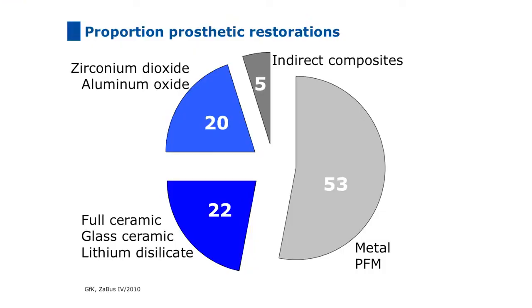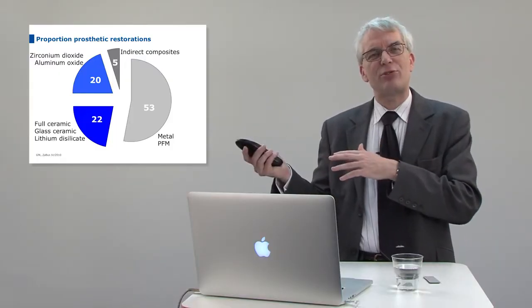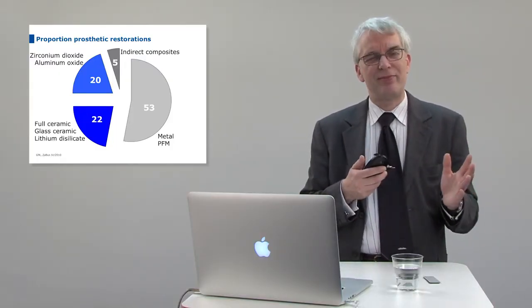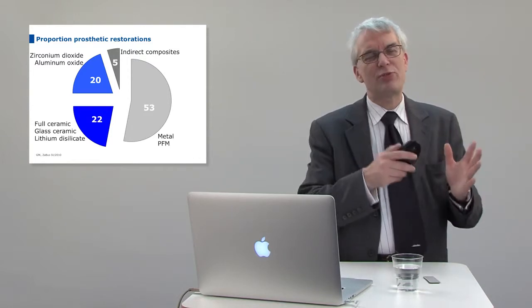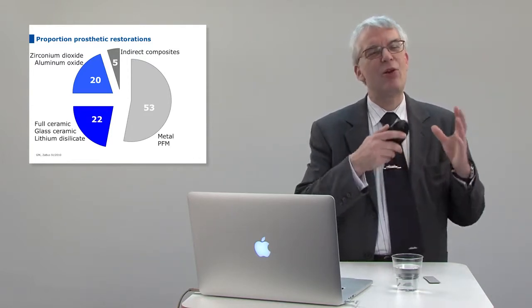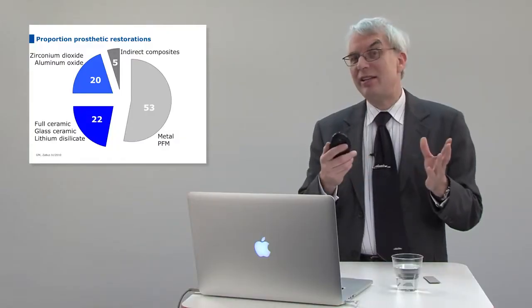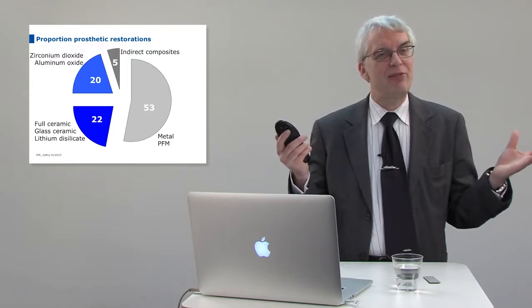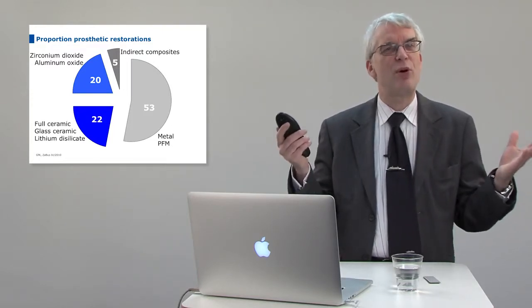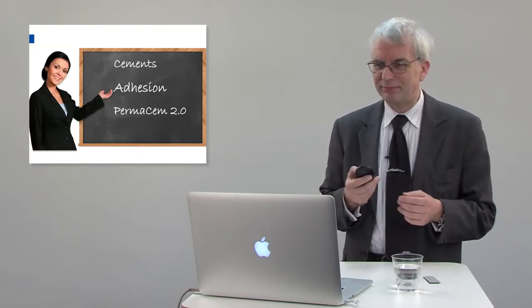By now, we have about a 50-50 distribution between metal-based restoration and ceramics. But this trend towards more ceramics is going to continue, and we're going to see more of it. And that means we need more resin cements. And ideally, we need a self-adhesive cement because we don't want to bother about bonding these.